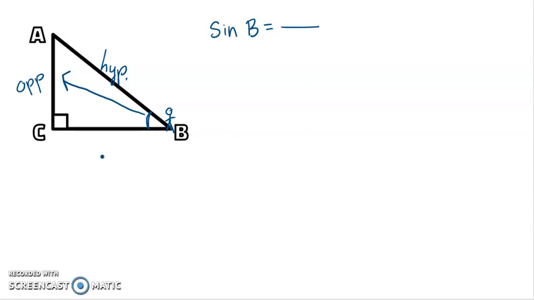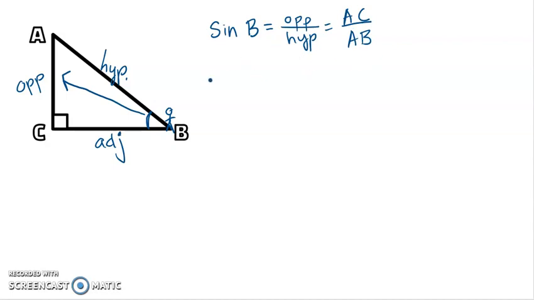And then the adjacent side is the one that is touching the angle, making the angle with the hypotenuse. So sine of B would be opposite over hypotenuse, which for this triangle is AC over AB.